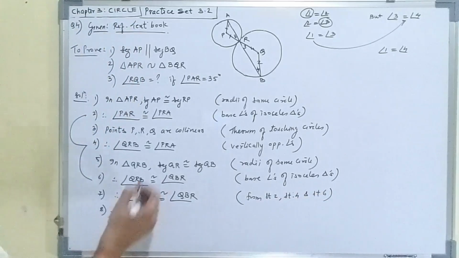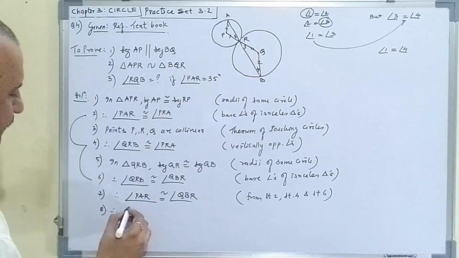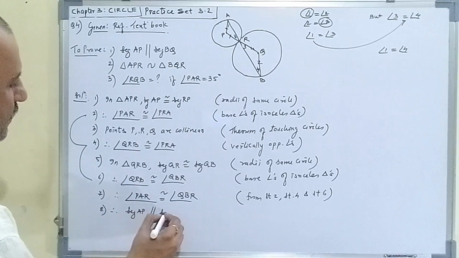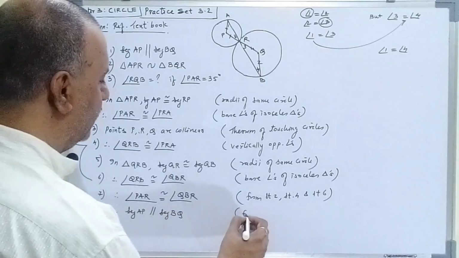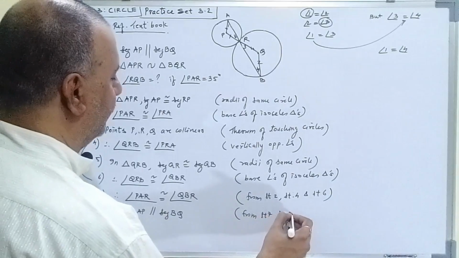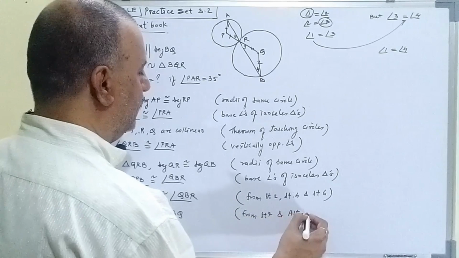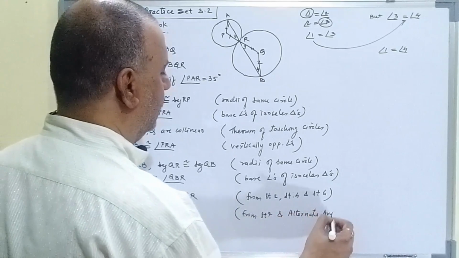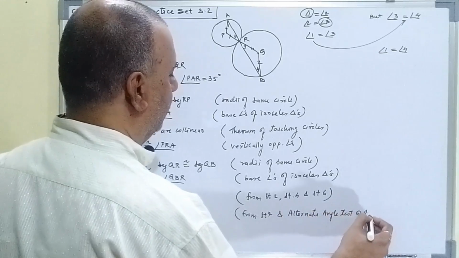Statement number 8. Therefore, they form alternate angles. Therefore, seg AP parallel to seg BQ. The reason is from statement 7 and alternate angle test of parallel lines.